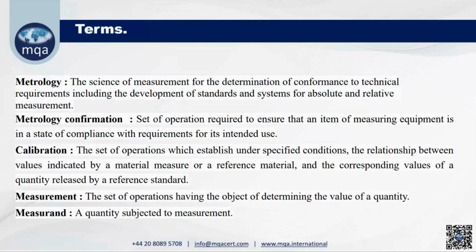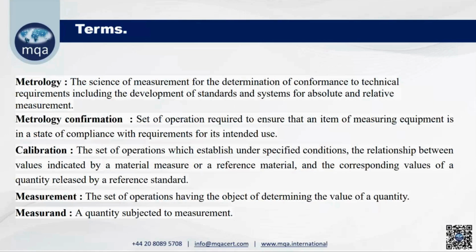Each and every equipment has different working principles, different variations, different ranges, different least counts, right? So for measuring heat, we cannot measure it by vernier. For measuring heat, we need thermocouples. For measuring length, we need measuring tape or vernier, depending on the size of the part.